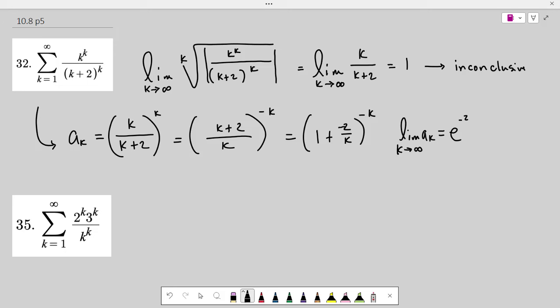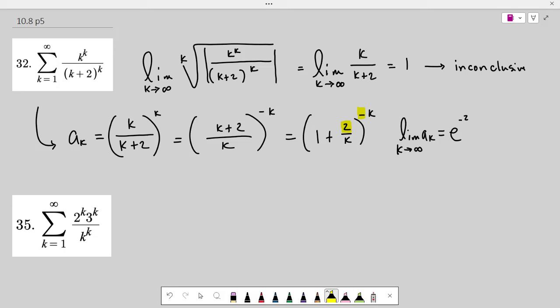So we take the numerator here and the coefficient of the exponent. So e to the negative 2. And what's our conclusion? Diverges. You cannot use the divergence test to show convergence.